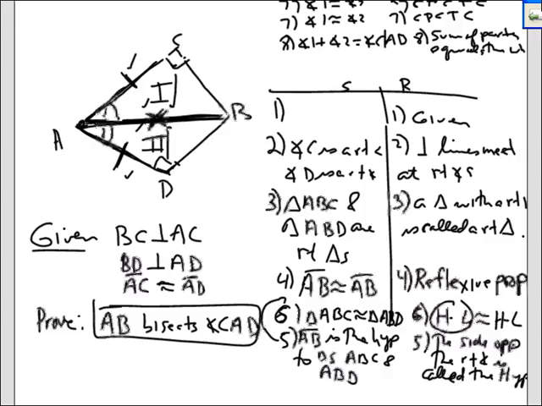Statements, reasons. Now number 9. AB bisects angle CAD. And what's the reason?